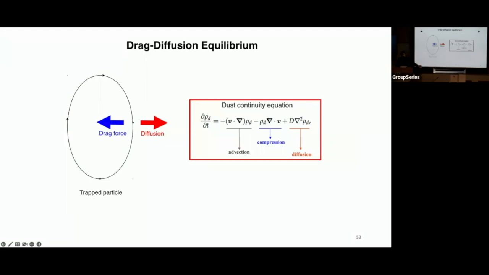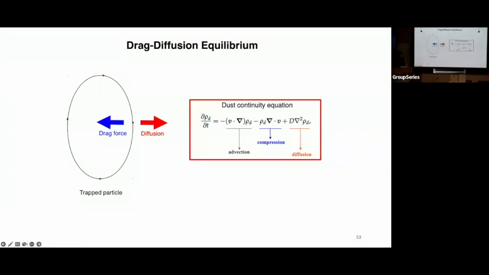Because if you are seeing that in an observation, some steady state maybe has to be happening there, otherwise we wouldn't see it, right? So in those models that I was showing before, you trap the dust all inside the vortex, but you don't see them being diffused outwards. The diffusion is of course due to the turbulence. Right? So essentially it's getting to solve this equation here, cancel the time evolution and find a steady state.